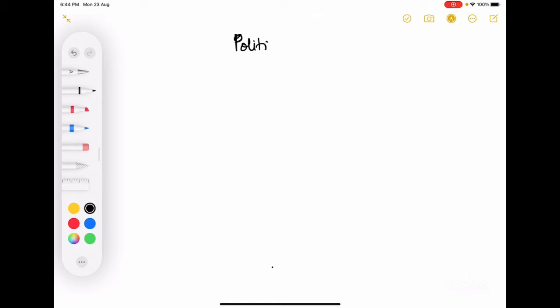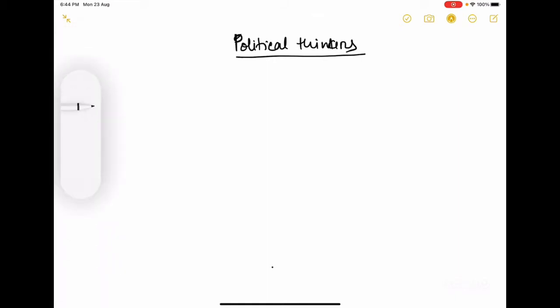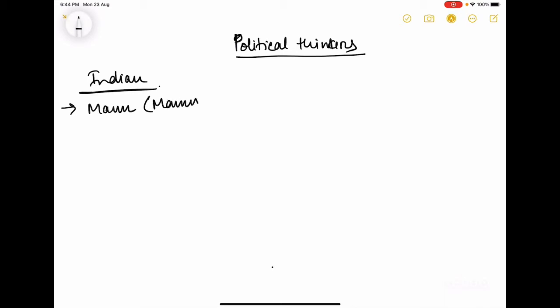The political thinkers. Indian, what you have is Manu, the entire Manusmriti, Kautilya, which is Arthashastra.